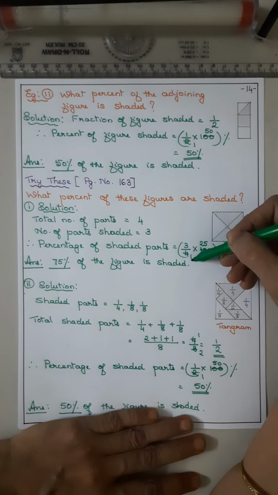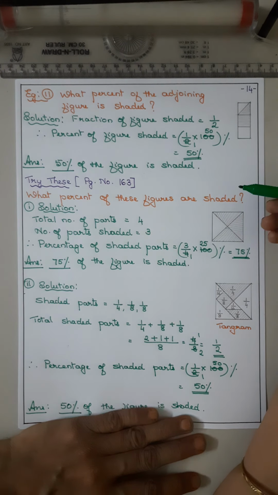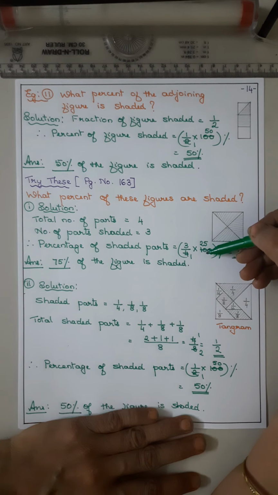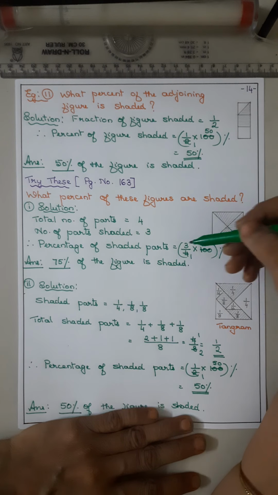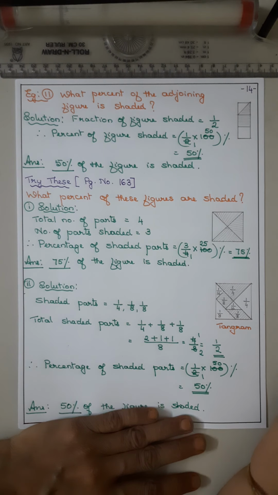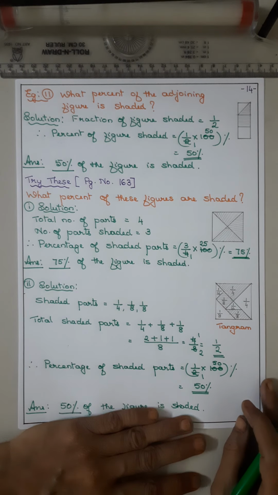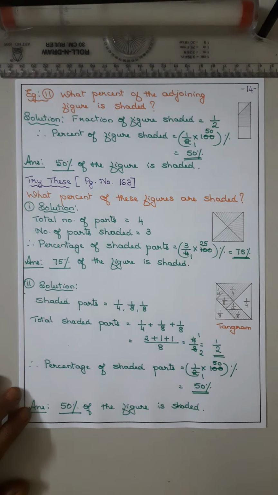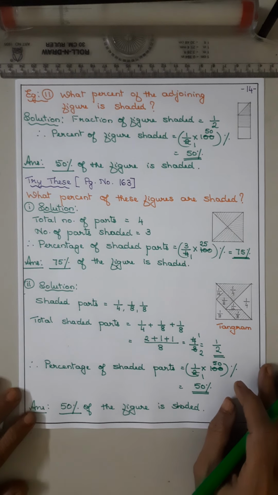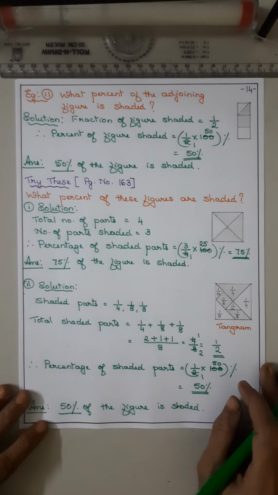Write it in the denominator. To convert into percent, multiply by 100. So 4 ones are 4, 25s are 100. So 25 threes are 75, it is 75%. Clear? This was easy. And now coming to the next question.